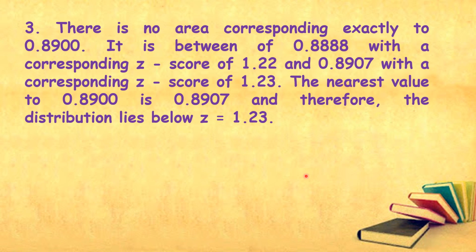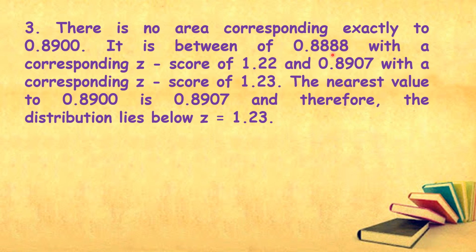Okay. Ay, ito pa pala yung step 3. So, there is no area corresponding exactly to 0.8900. It is in between 0.8888 with a corresponding z-score of 1.22 and 0.8907 with a corresponding z-score of 1.23. The nearest value to 0.8900 is 0.8907.